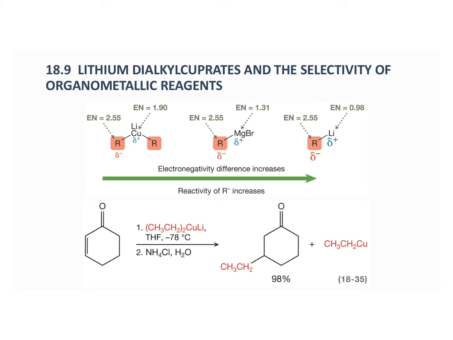So we're going to finish this chapter up with looking at Gilman's reagent, which is a lithium dialkyl cuprate, and then talk about some key synthetic strategies when we're doing multi-step synthesis. So organocopper reagents are called organocuprates, and they consist of a really important class of organometallic compounds.